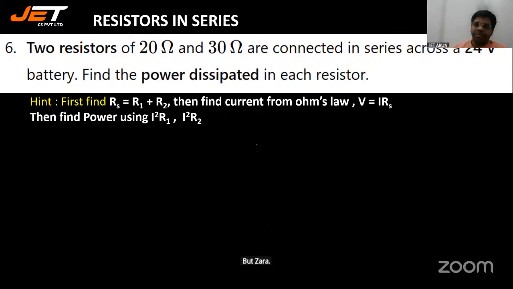I'll just tell you the steps. Look, first I'll find out RS. Good, Ashrita. Sorry, RS I said, right? RS would be 20 plus 30, which is equal to 50.